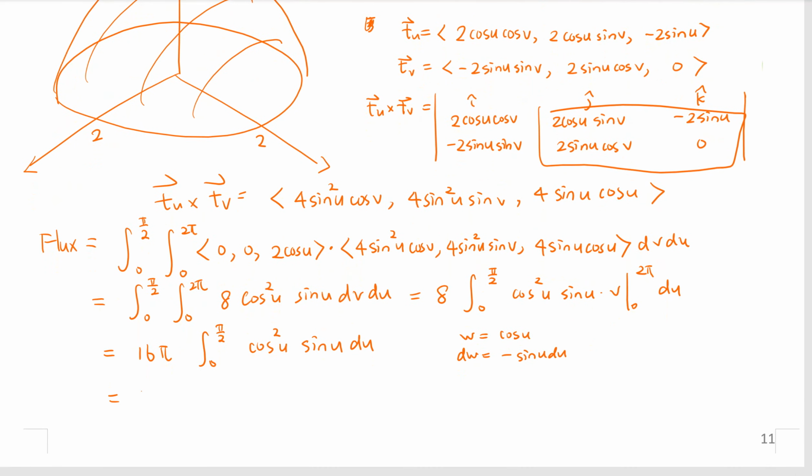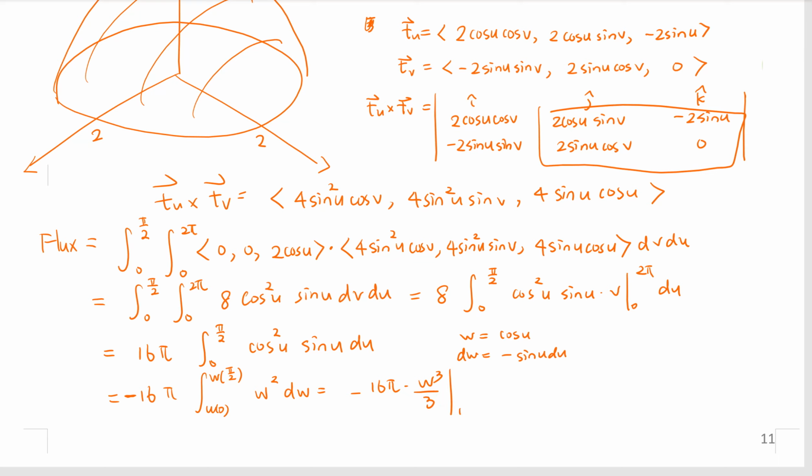So this is 16 pi times the integral from w of 0 to w of pi over 2 of w squared, sine u du is minus dw. Put the minus in front. The integral of w squared is w cubed over 3. Evaluate. What's w of 0?